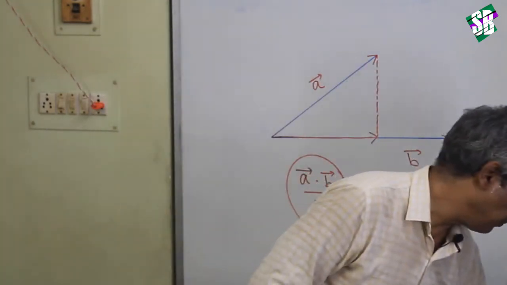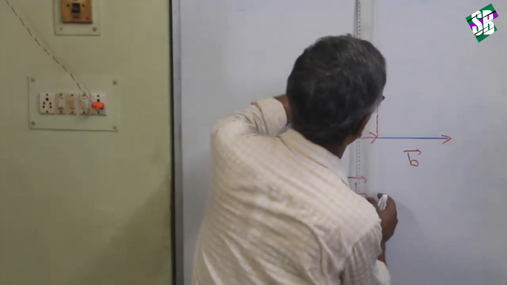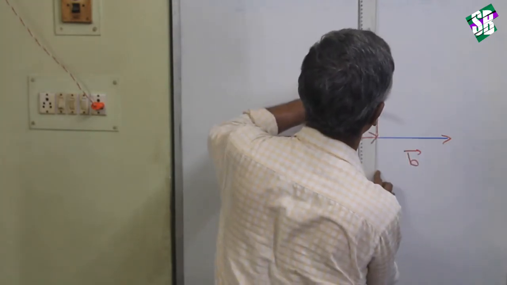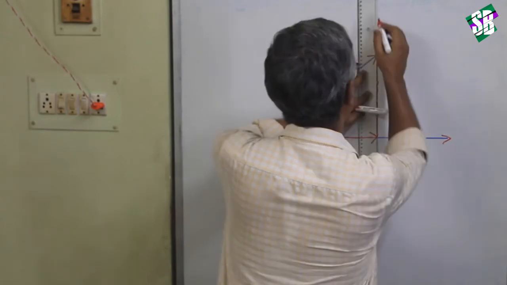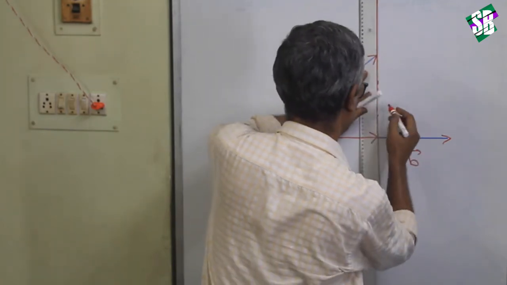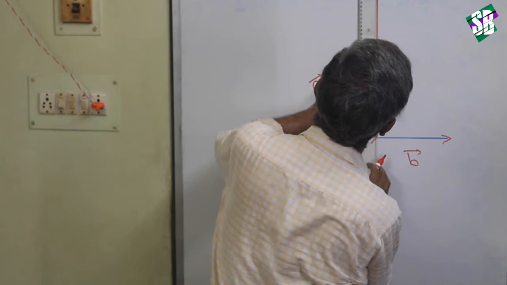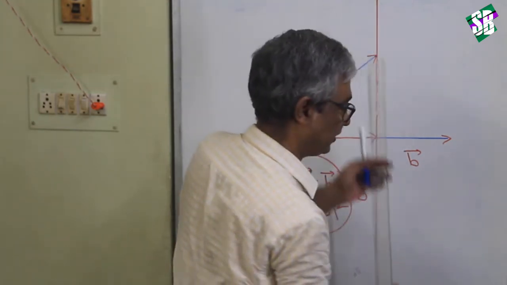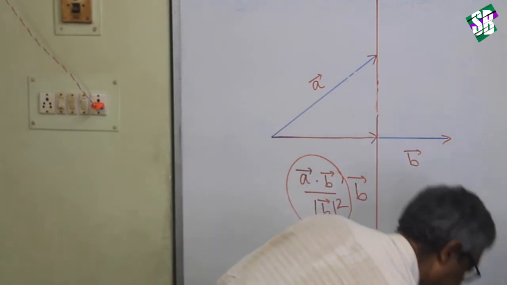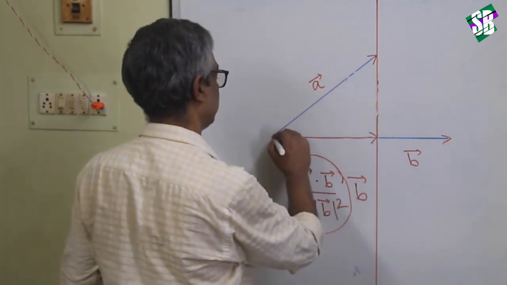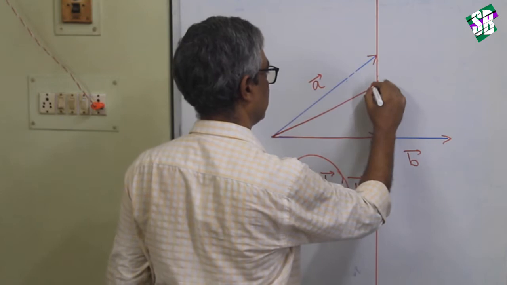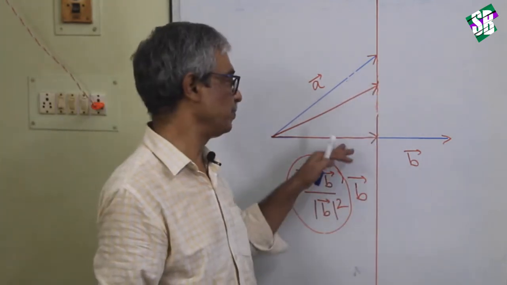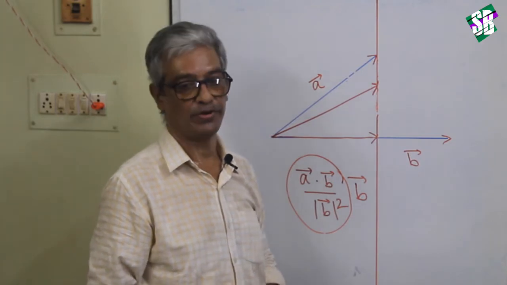Look, if you extend this perpendicular, then observe that if you take this vector, then this vector also has the same projection along b vector, right?